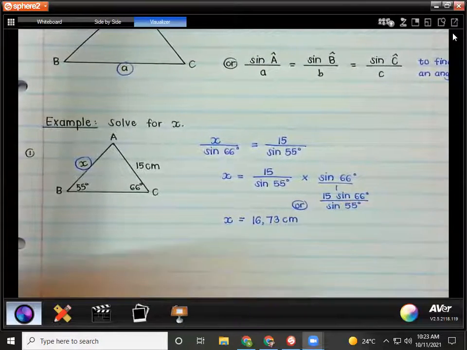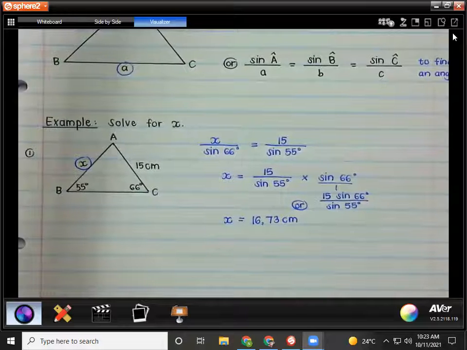That is what I got, or the textbook got rather, 16,73. And that's it, guys. That's the value of x. That's the length of that side. So that is how you would use sine rule. Are there any questions at this point, guys? We haven't done using sine rule to find an angle, but we'll do that tomorrow.